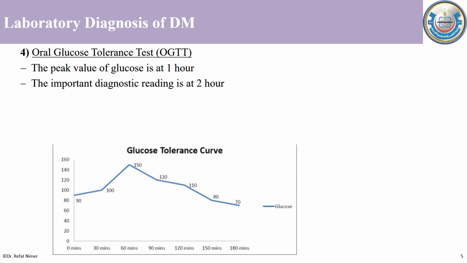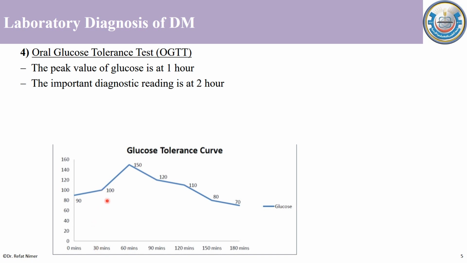As you can see here, this is at 90 milligram. This is the 0 time, and the peak level is after 1 hour, 60 minutes. You can see here in this figure 150. So this is the 0 time, and after taking the glucose, the level starts to increase after 30 minutes.